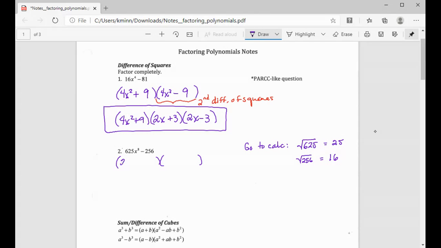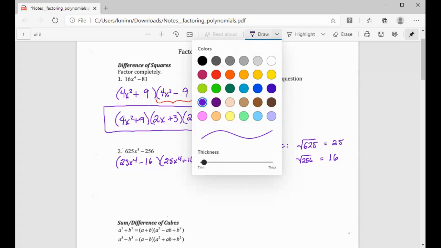to now be 25x to the fourth minus 16 and 25x to the fourth plus 16. Order doesn't matter for the plus and minus, but hopefully you do see that as well.